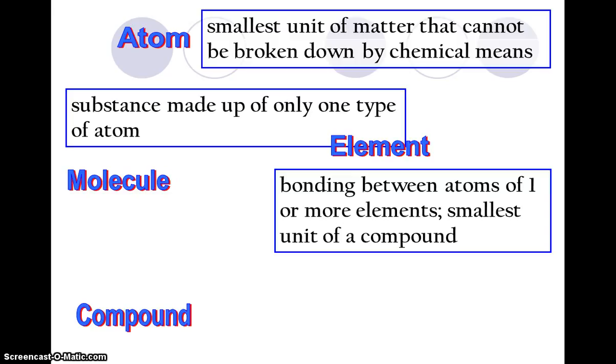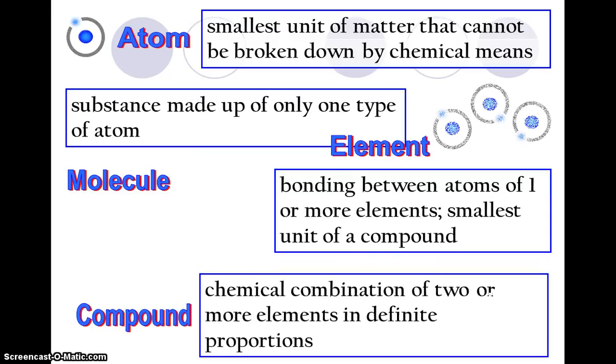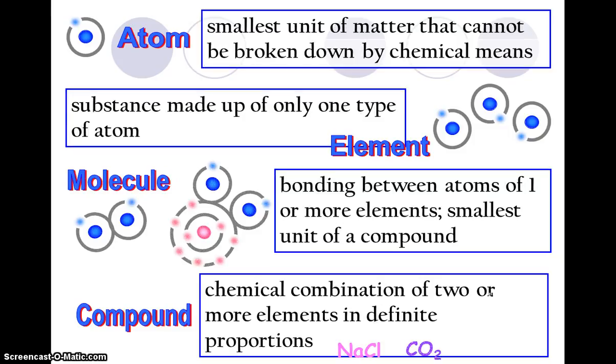You can bond carbon elements with oxygen elements, and you make molecules. So your molecules, 2 oxygen atoms, 2 carbon atoms, right? The smallest functioning units of a compound, and you stick those with a bunch of other types of elements, maybe multiples, and you get a compound.